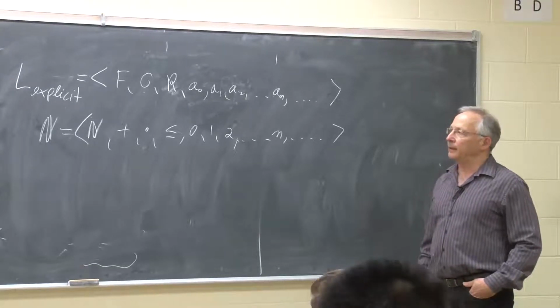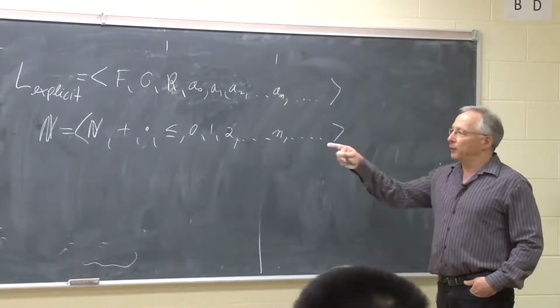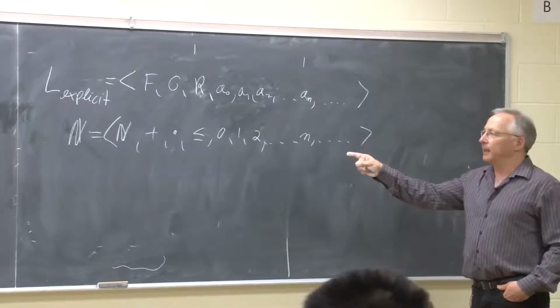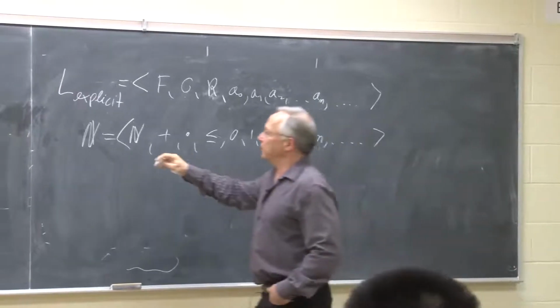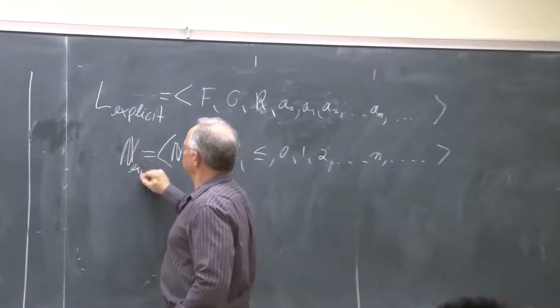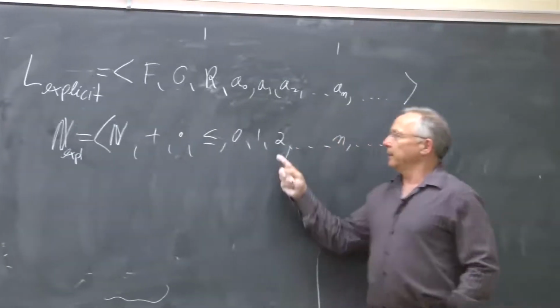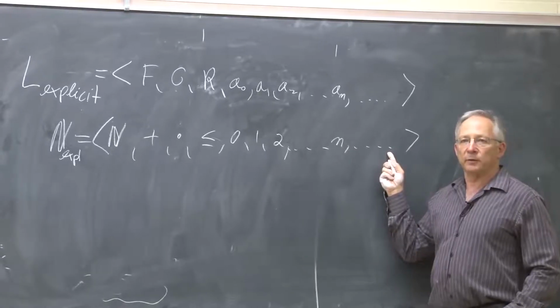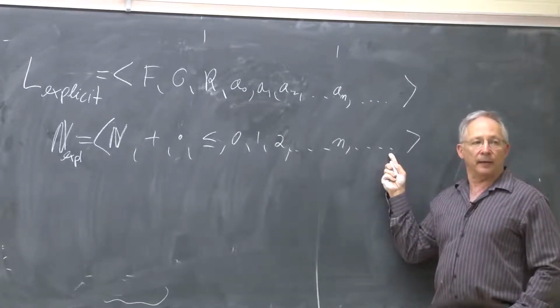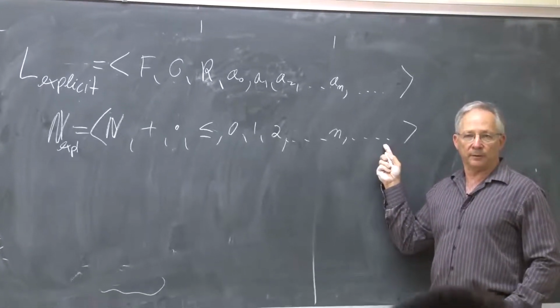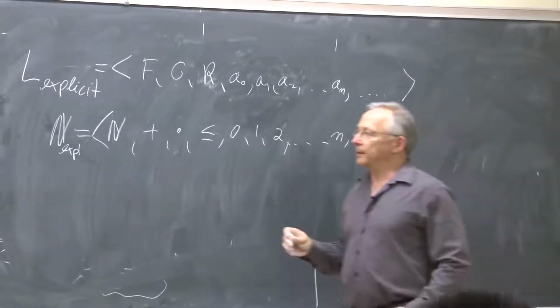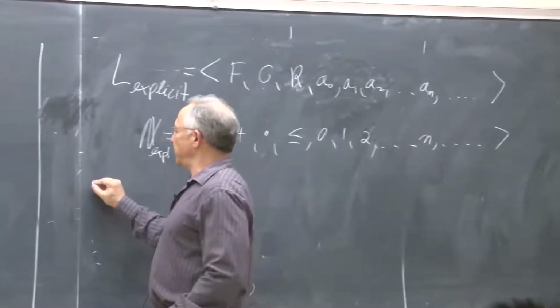Will we have a non-standard model for the theory of this? You see, now, so let's call it N explicit. It's a different structure. It's a structure in which the language is much richer, and we nailed down a name for every natural number. Now I'm asking, do we have a non-standard model?